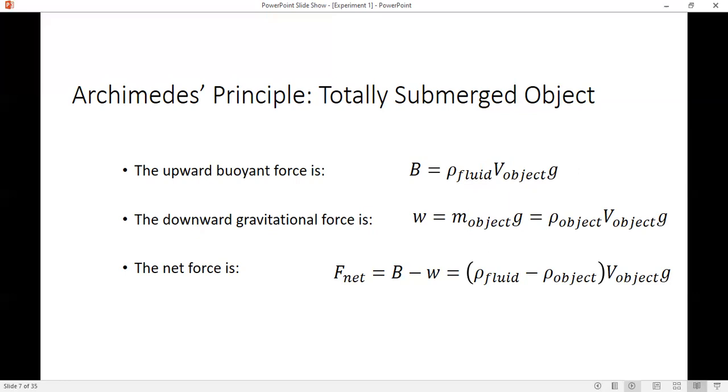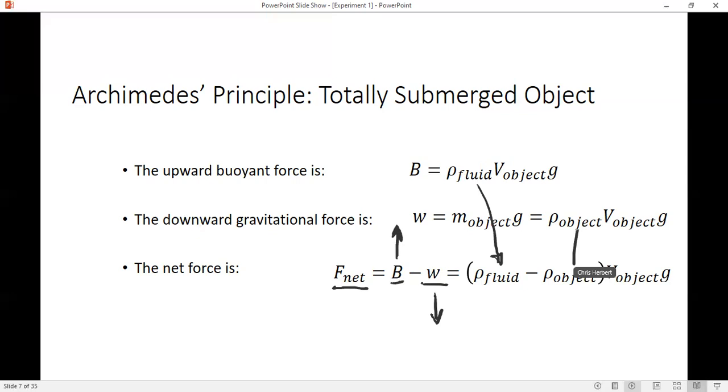If we're submerging an object or partially submerging an object, actually, this is fully submerged. For a fully submerged object, which we're going to do in this lab, the net force will be the upward buoyant force minus the downward weight. Basically, that negative sign indicates a downward force, the buoyant force indicates an upward force. So we can simplify this to say, okay, the buoyant force is the density of the fluid times the volume of the object times acceleration of gravity.